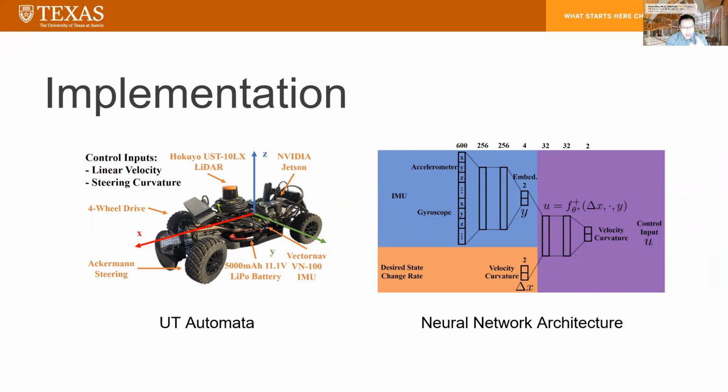This two-dimensional vector is concatenated with the desired change rate of the robot state, delta x, shown in orange. Then this concatenated vector is fed into two fully connected layers, shown in purple, whose output is the total inverse kinodynamics response, or the control input we want to derive, U.